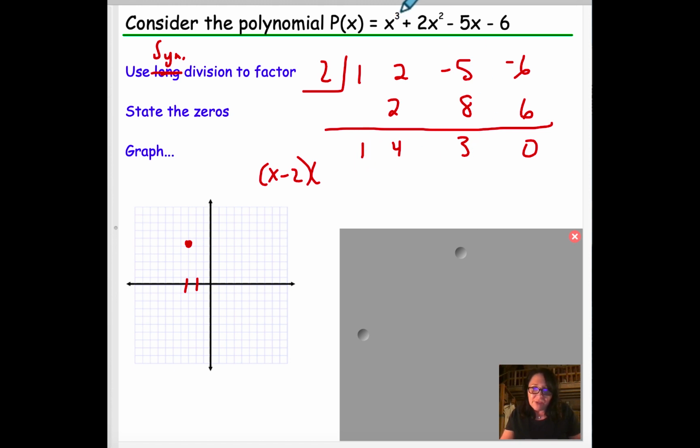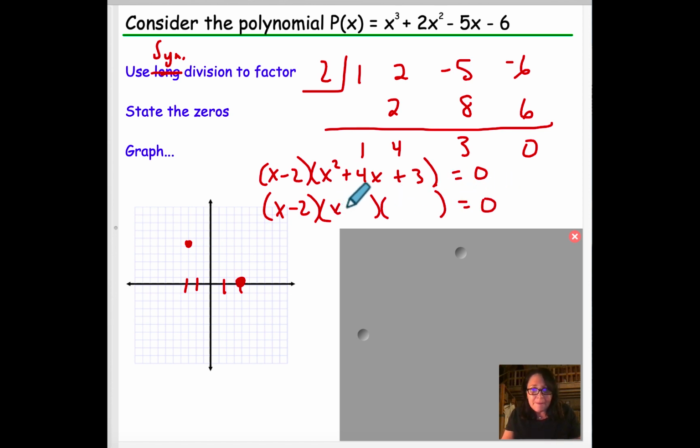So what realistically we're going to be doing is moving forward to graphing these polynomials. First off, if you see this x cubed, that means your graph should cross 3 times. 1, 2, 3, check.